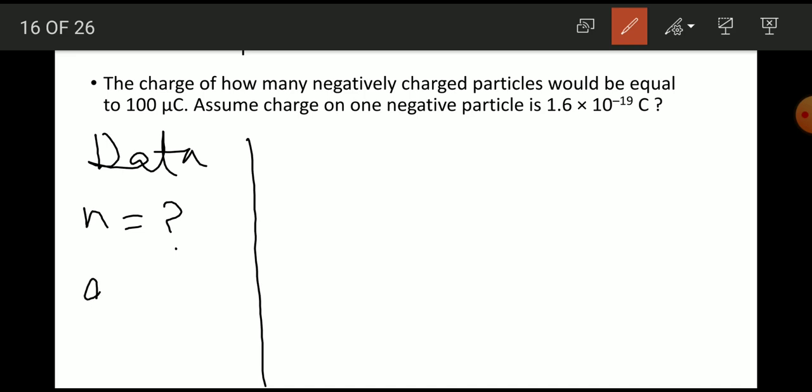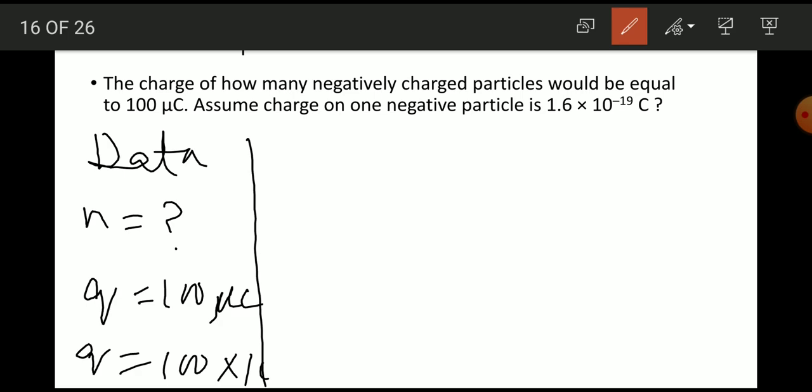The total charge is 100 microcoulomb. You will write accordingly: Q is equal to 100 × 10^-6 coulomb.